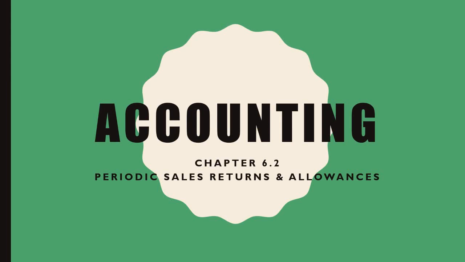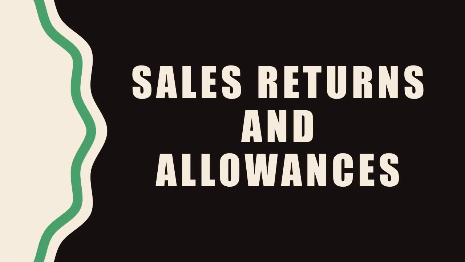So with that being said, of course, if you're going to have sales, you need to understand that we have customers that can return an item. So we also have to deal with understanding how sales returns and allowances work.